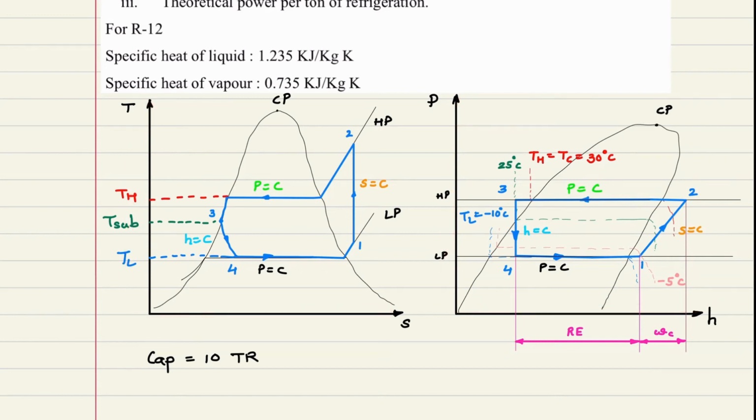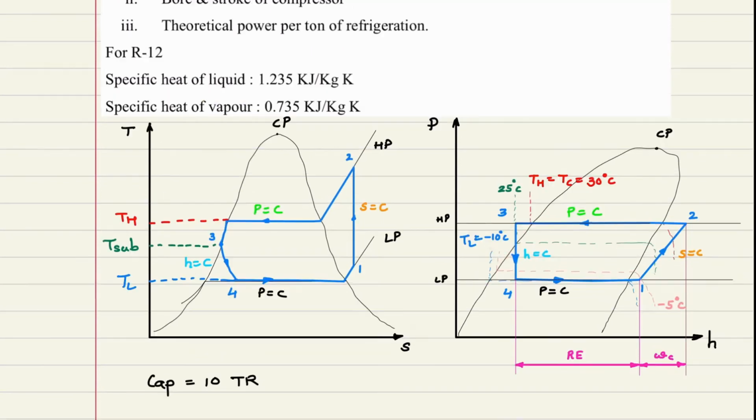I have shown this constant pressure curve and the constant temperature lines of T high and T low. On the pH diagram, this is HP pressure, LP pressure, and this is the saturation temperature: condenser temperature TC given as 30 degrees Celsius, and evaporator temperature or T low temperature minus 10 degrees Celsius.